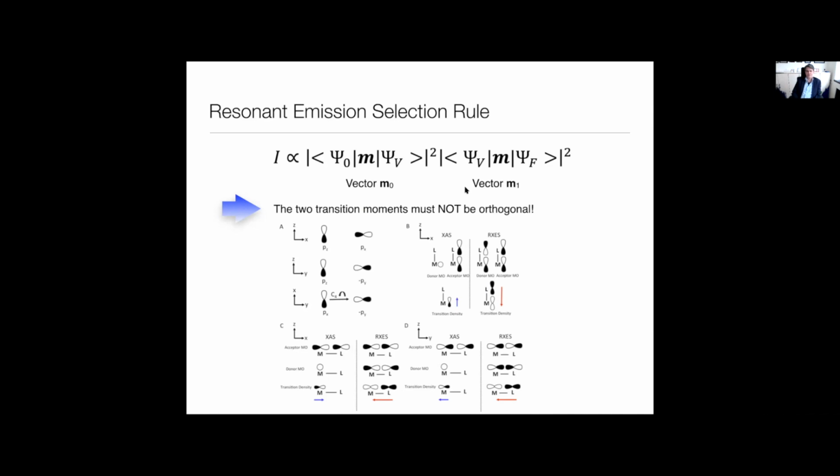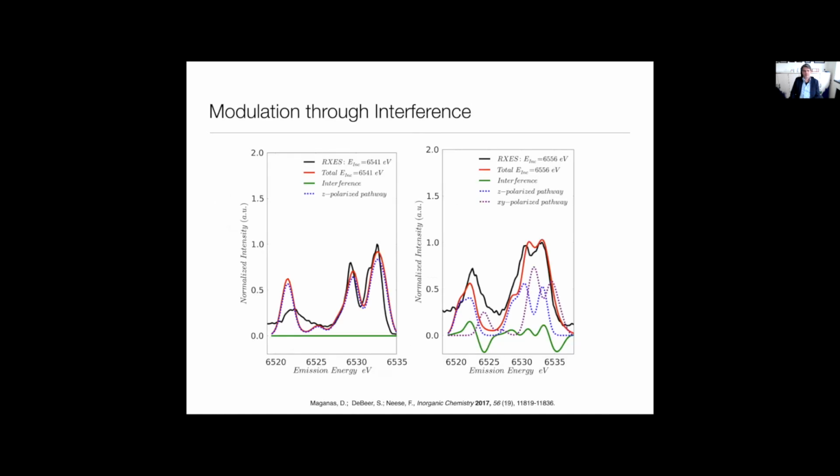So in other words, if you excite into the pre-edge where you have Z-polarized transitions, you will only resonantly enhance emission features that are also Z-polarized, whereas the XY polarized transitions will not be enhanced. And that is the principal feature. And that is worked out in great detail in the paper.